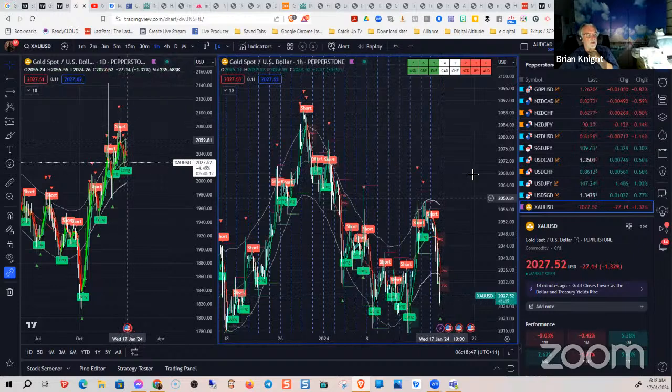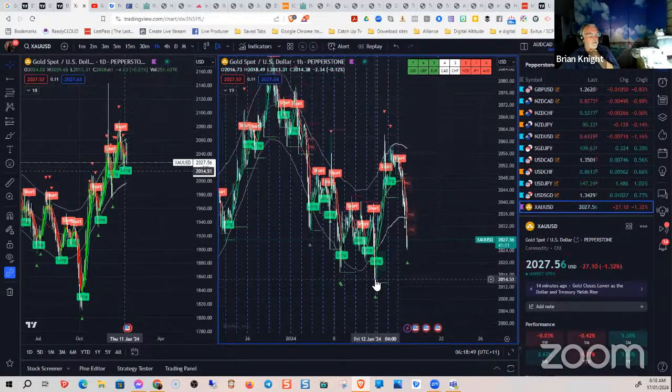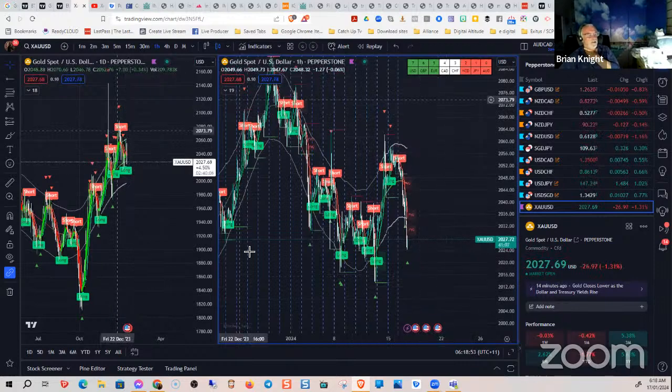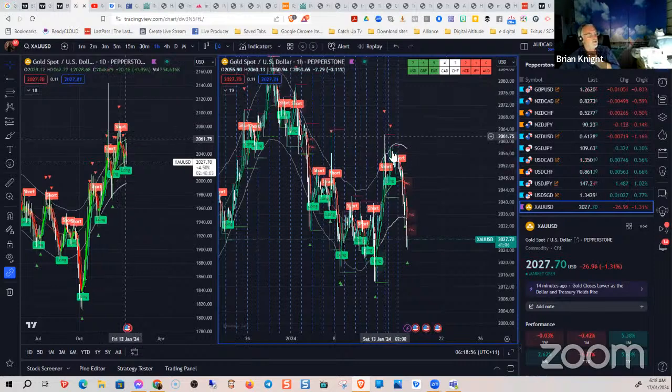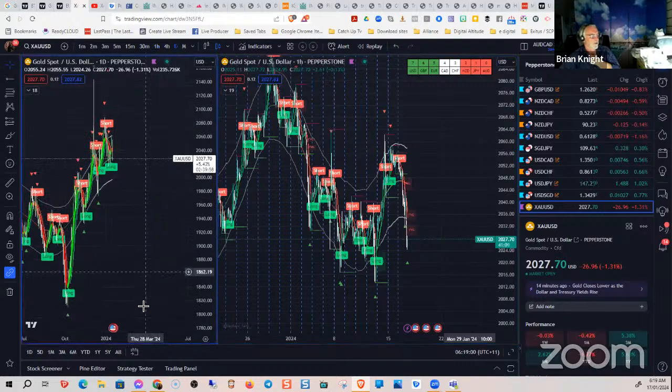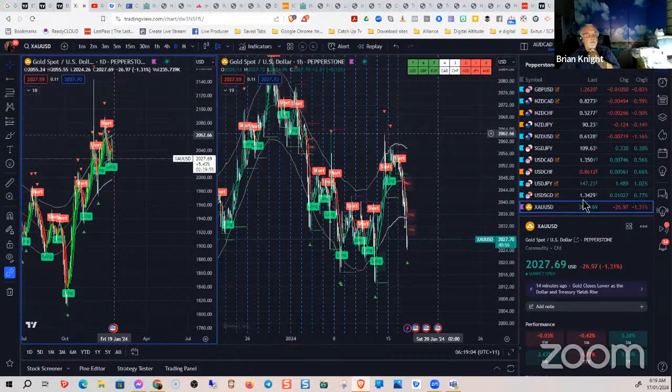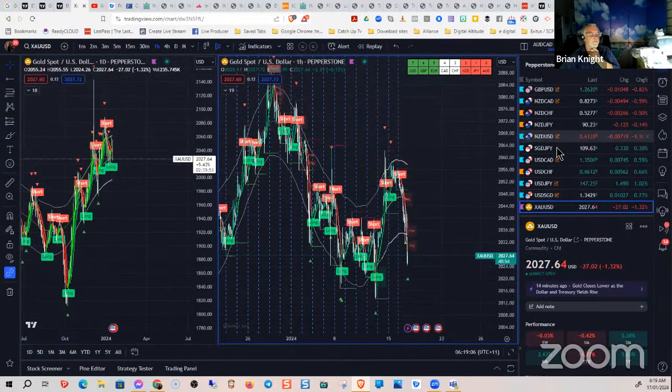It's just done that little pull up here from 12th of Jan, and now it's starting to go back down. This is the sort of pullback it needs to do before it starts to drop off further. I think it's got a lot more to come back down here. Which means the US dollar will strengthen.